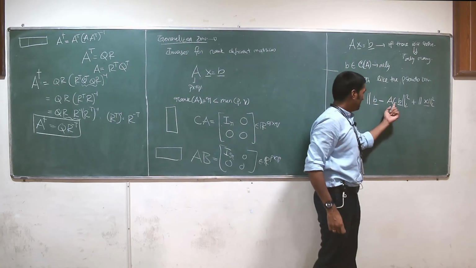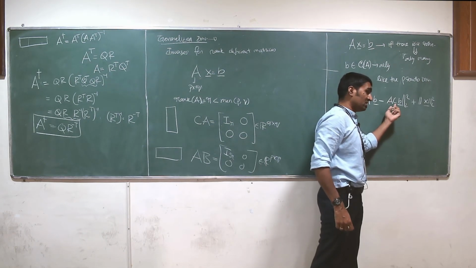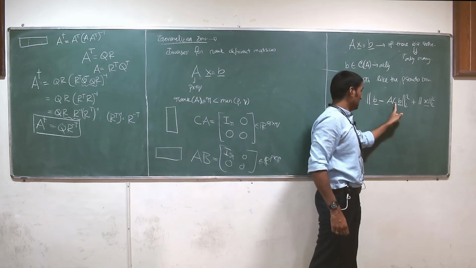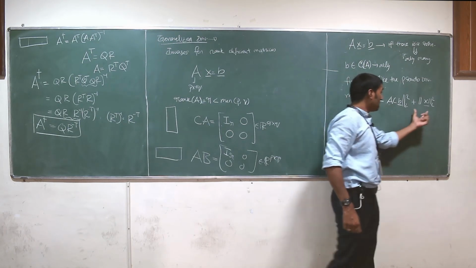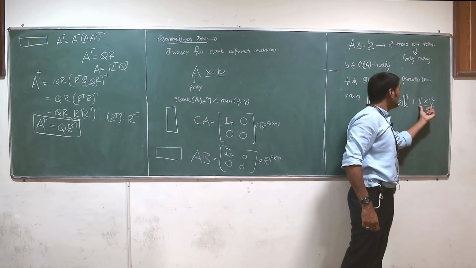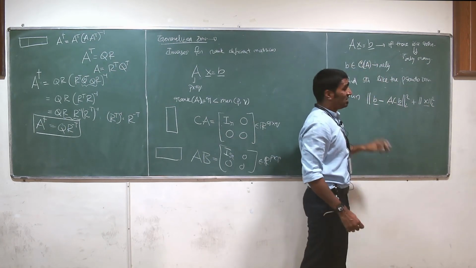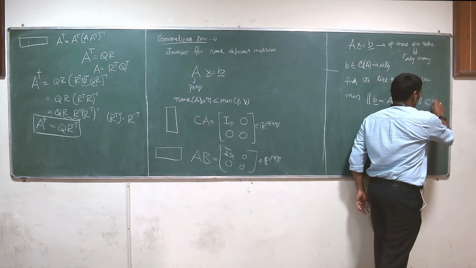So if A is rank deficient, then you still want to find a left inverse such that this projection is as small as possible, and you also want to find that C such that X, the solution that you get here, is as small as possible.